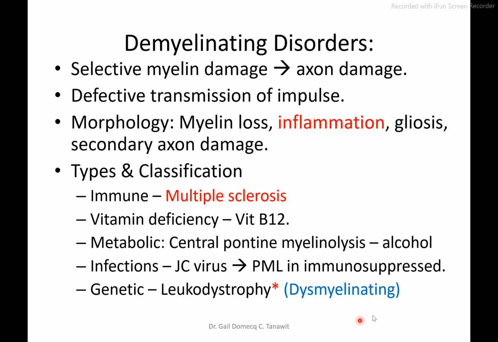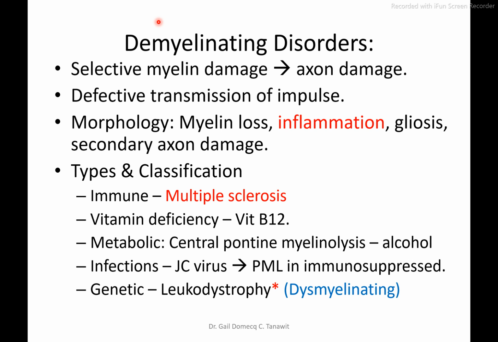So patients with demyelinating disorder will have the prefix de-, means you get rid or defective in the myelination. So loss of the myelin sheath. You know that your myelin sheath is an important structure that is found among the axons for faster saltatory conduction. Okay, and there can be inflammation, there can be gliosis, secondary axon damage, in a demyelinating disorder.